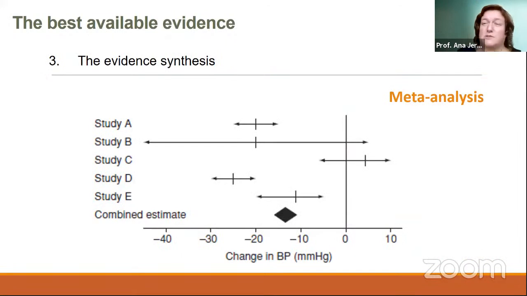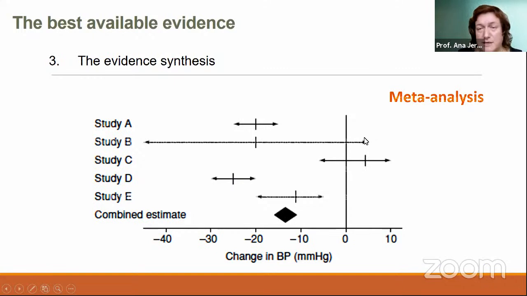The first characteristic which the best available evidence needs to have is evidence synthesis. We usually do it with meta-analysis, which is a method that we use to summarize results from several different studies. In this case, we have 5 studies that investigated change in blood pressure after giving an antihypertensive drug to patients.